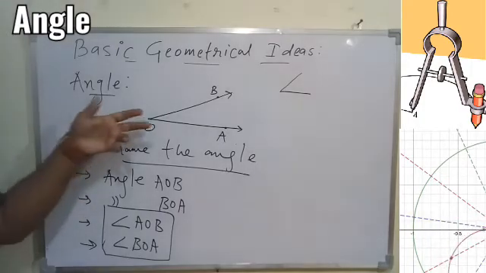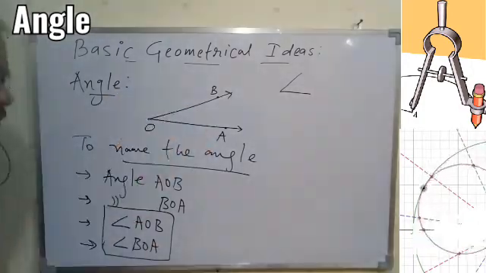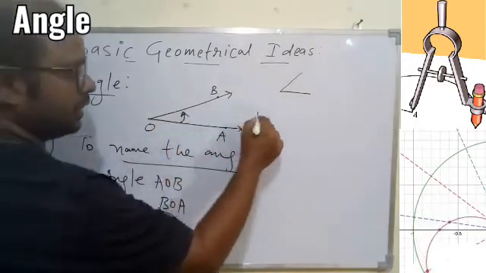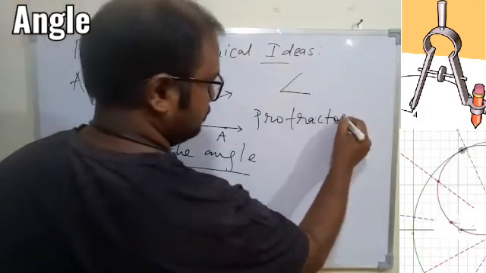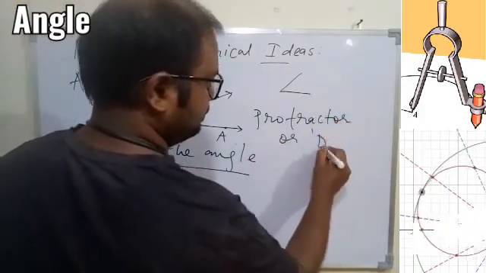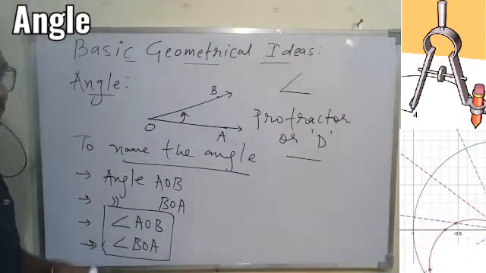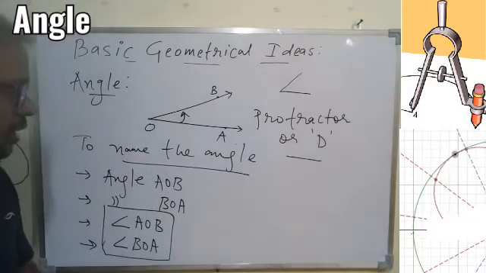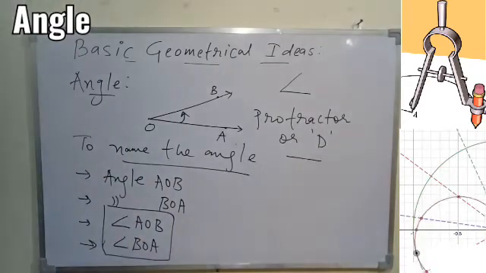Overall, this angle shows the gap or space between OA and OB. That angle we measure with the help of a device called a protractor. You might have heard about it. The protractor is used to measure this particular angle, and we'll talk about it later on. We'll have a complete concept of geometry.